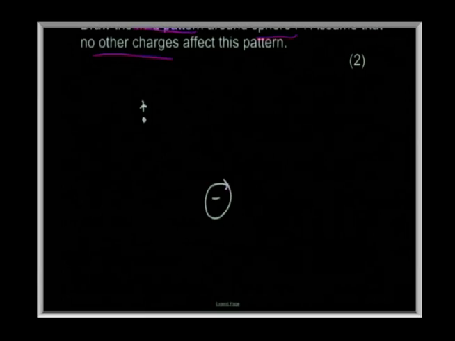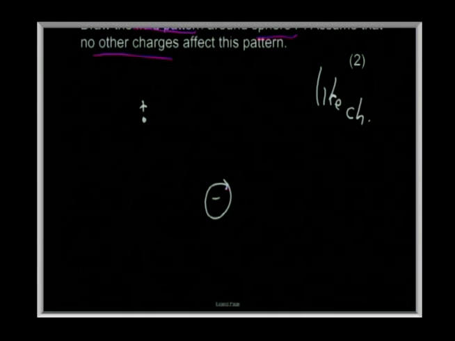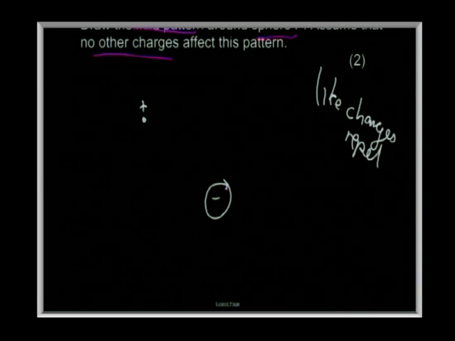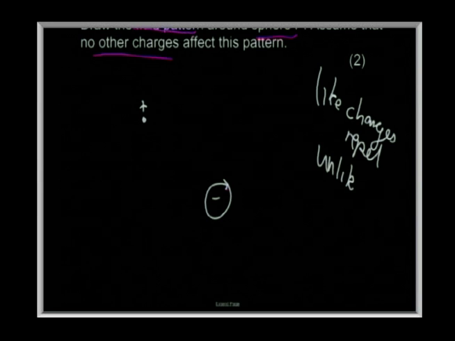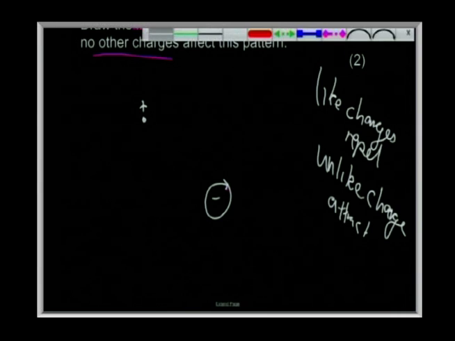Well, you should remember that from electrostatics, there is a law related to attraction and repulsion. You should remember that like charges repel, and unlike charges do what? They attract.